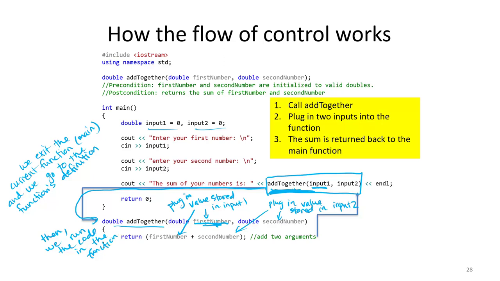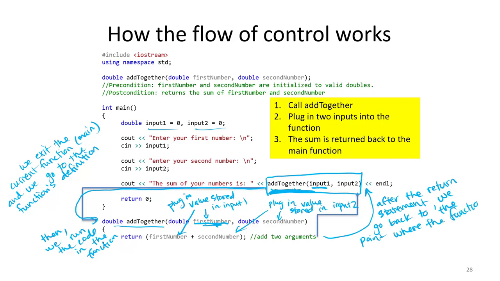So here we go ahead, we run the code in the function, and then once we reach the return statement, after the return statement, we go back to the point where the function was called, so here we return first number plus second number.